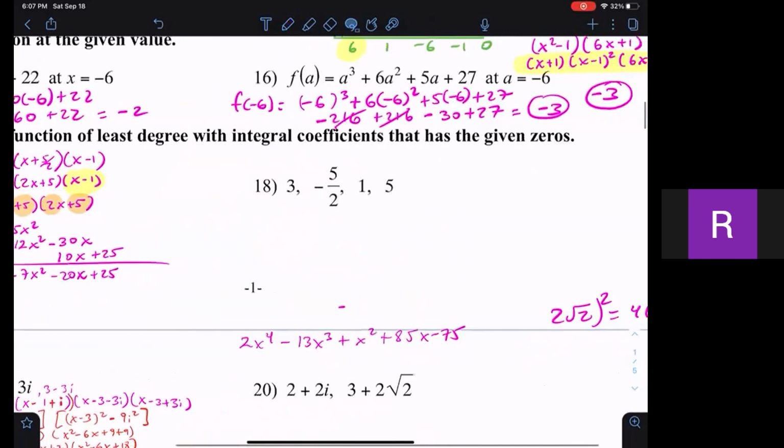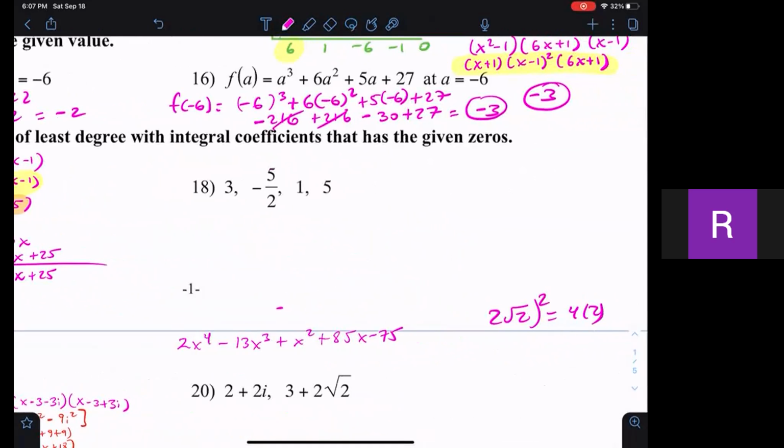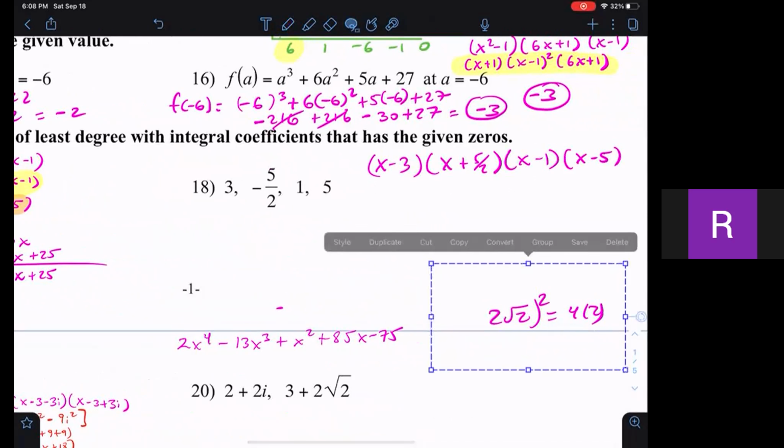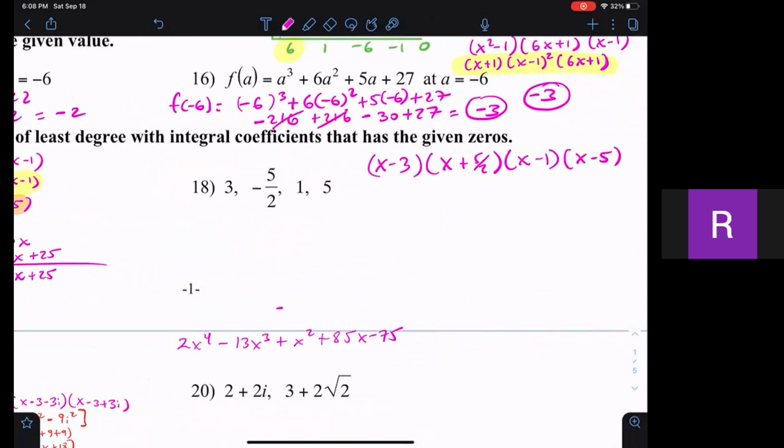Next, same thing, right? x minus 3, x plus 5 halves, x minus 1, x minus 5. So let's FOIL it. Before we FOIL it, let's fix this: 2x plus 5, x minus 1, x minus 5.